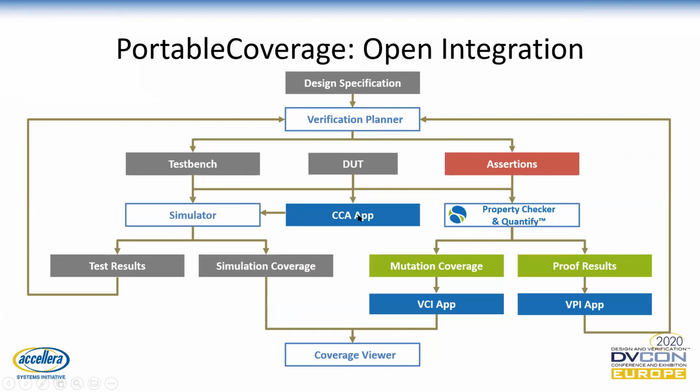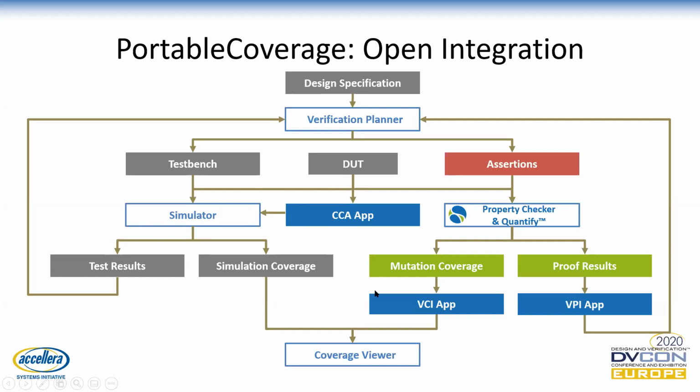First step, we run the CCA app, the coverage closure accelerator app, which gets the dead code reported in waivers that are fed into the simulator calls. And the simulator knows that these locations are formally dead, proven to be dead by formal technology, and it doesn't spend time on trying to hit them.